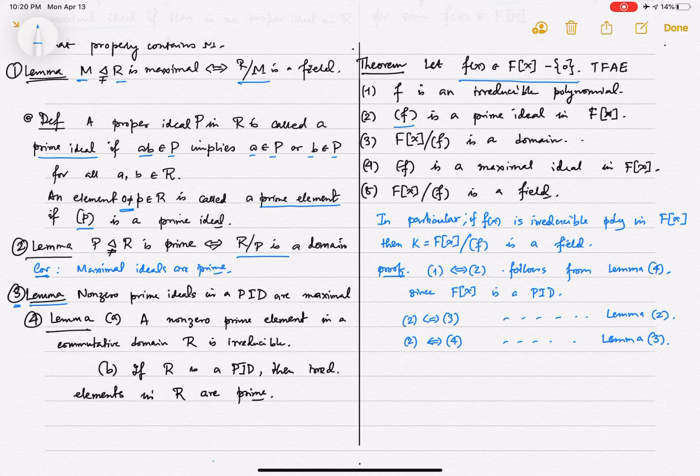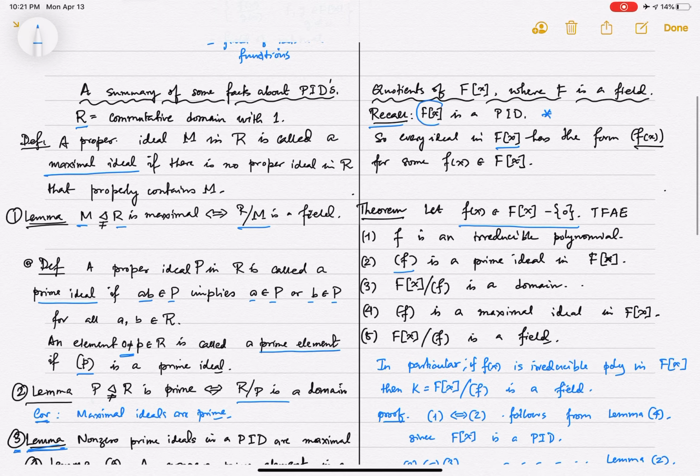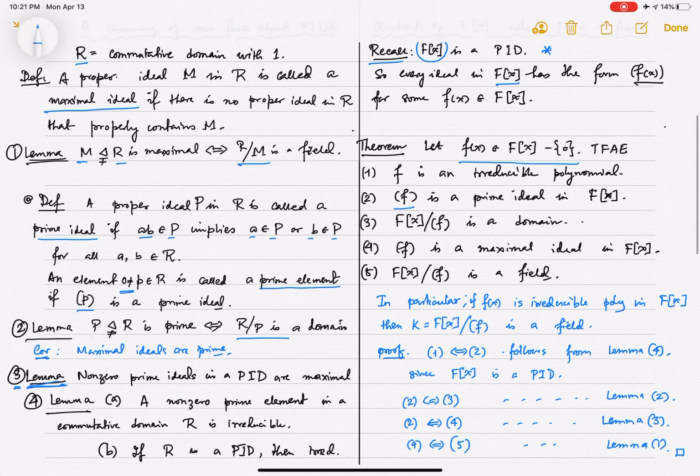And then non-zero primes are maximal. That's what lemma 3 says. Okay, and then equivalence of 4 and 5 follows from lemma 1. So much of the work we did with PIDs and ideals in PIDs gives us this when you apply it to this PID, F[x].